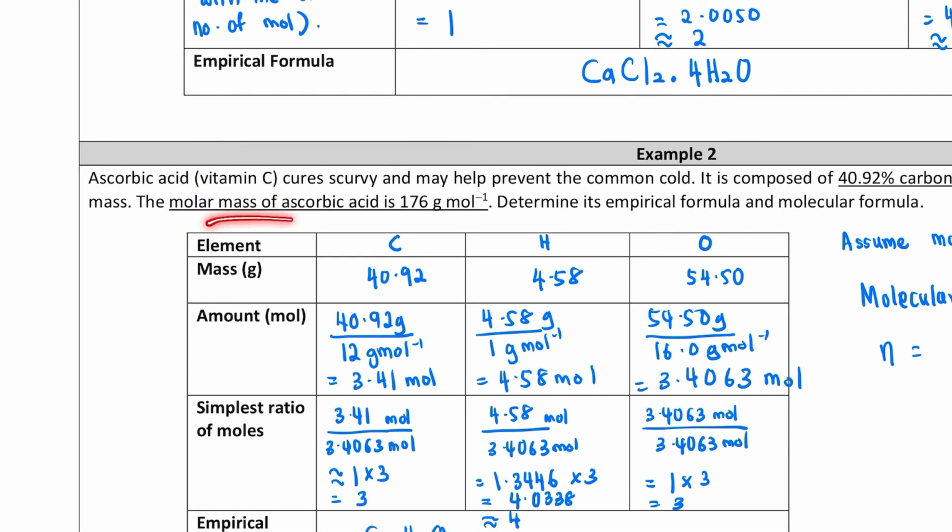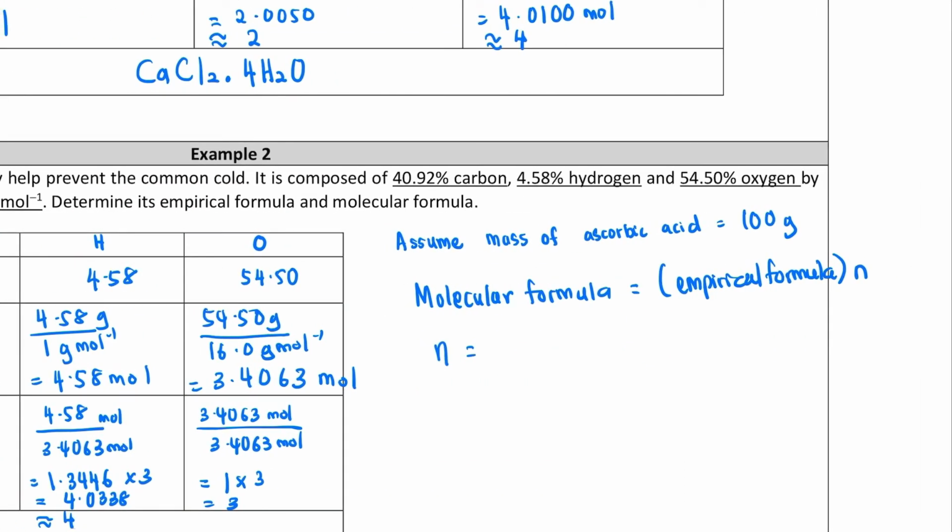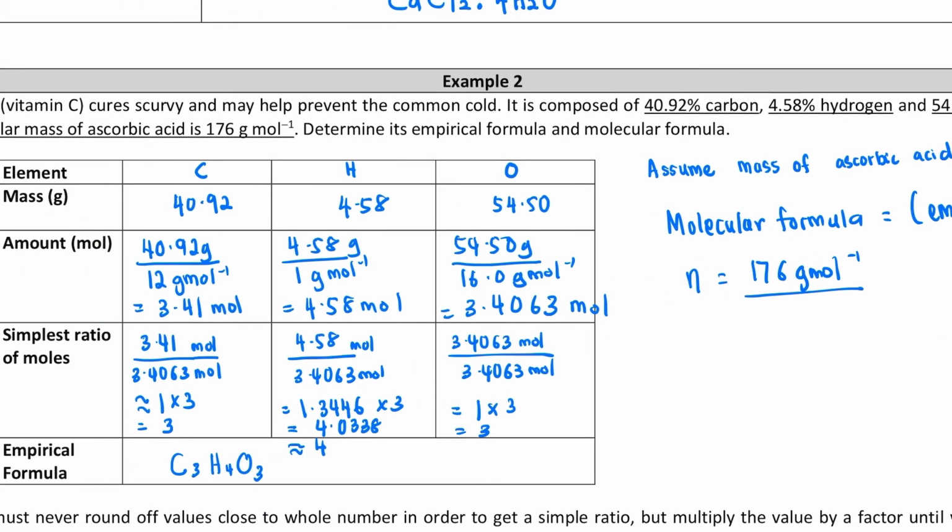So this molar mass given is actually the molar mass of the molecular formula, 176 gram per mole. So divide with the molar mass of the empirical formula. Our empirical formula earlier was C3H4O3.